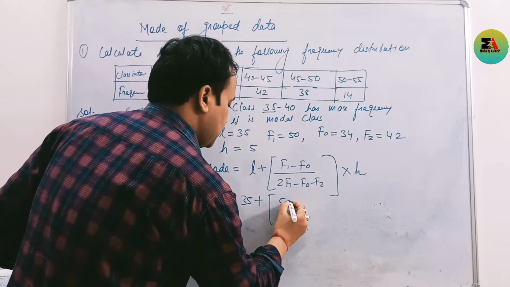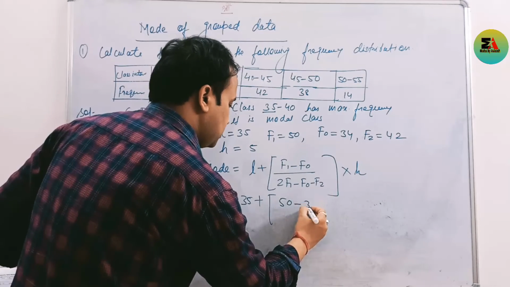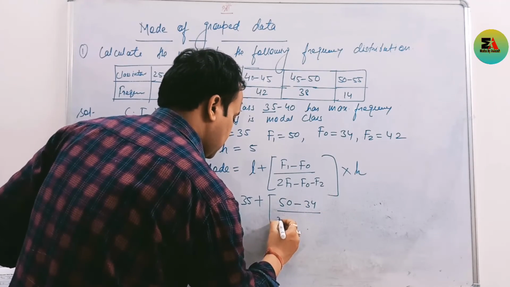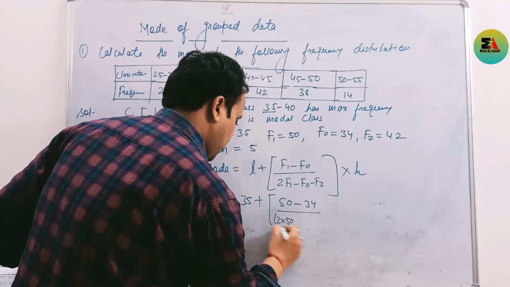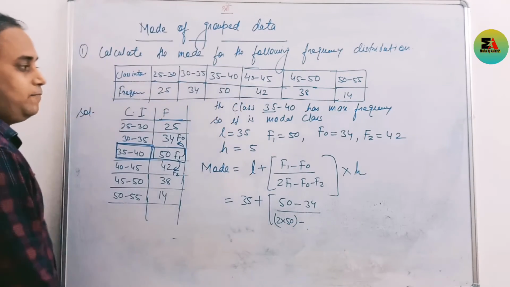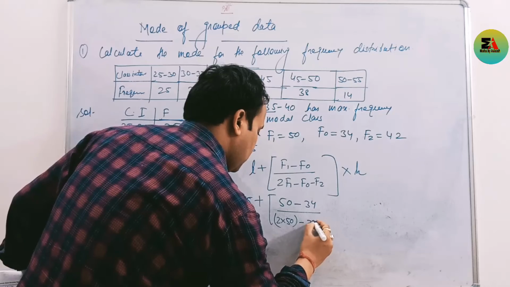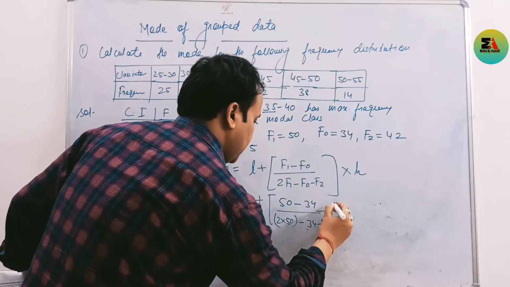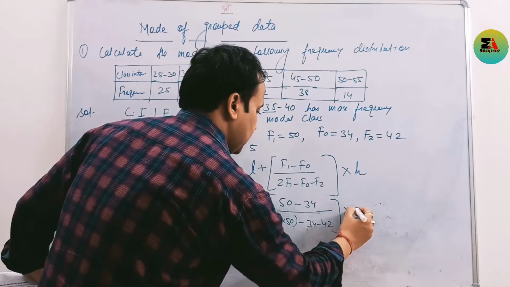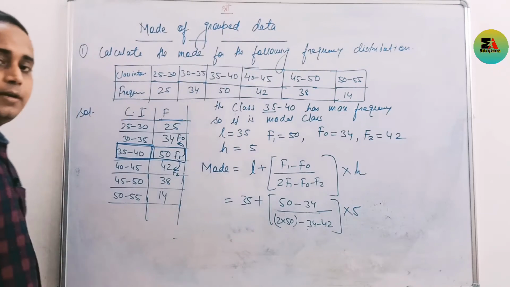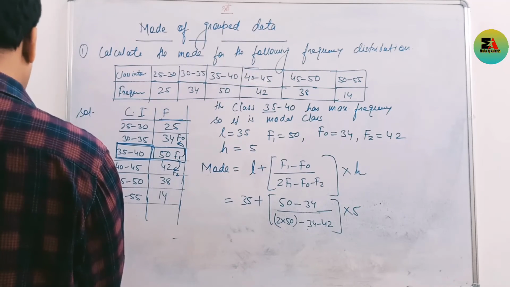F1 is 50, F0 is 34, F2 is 42, and H is 5.